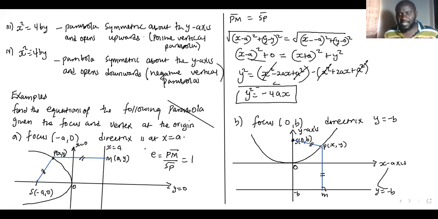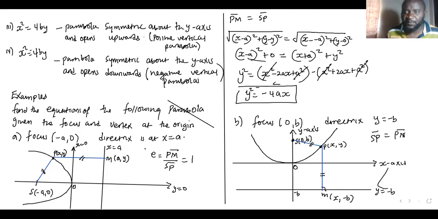Now, can you go ahead and find for me the equation for that parabola? Please derive for me. Show that SP is equal to PM. And according to this, M is going to be at what coordinates? The coordinates are still (x, negative b). So derive that equation. I want to hear the answer you get.